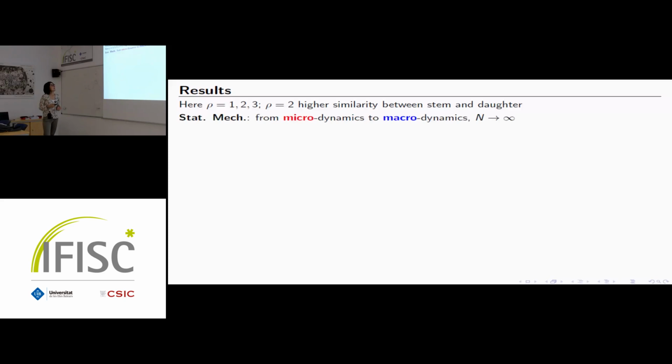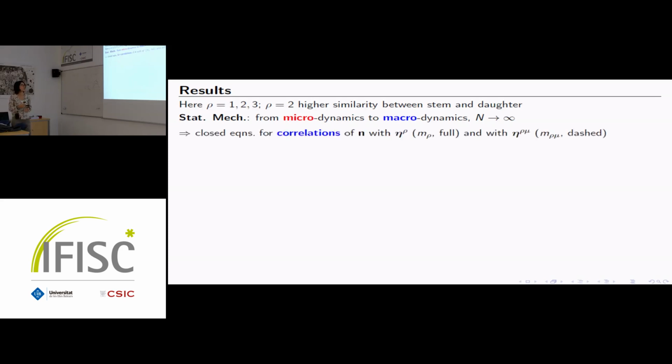And then we use standard statistical mechanics to go from the dynamics of the microscopic variables, which are the gene expressions, to a set of macroscopic variables, which are basically the correlation between the system configuration and the patterns that we are going to store.